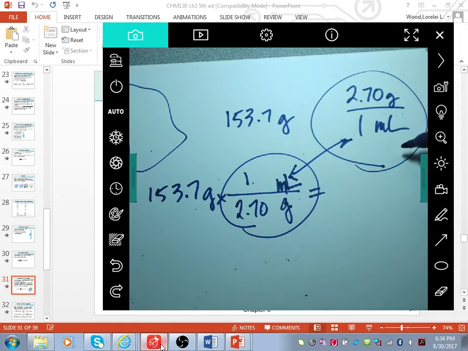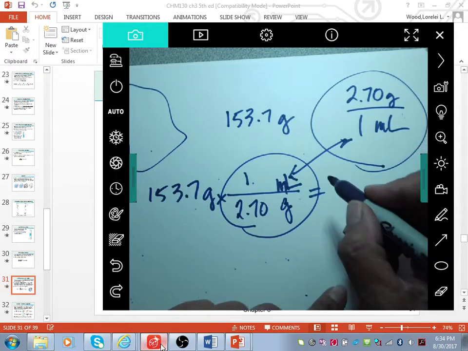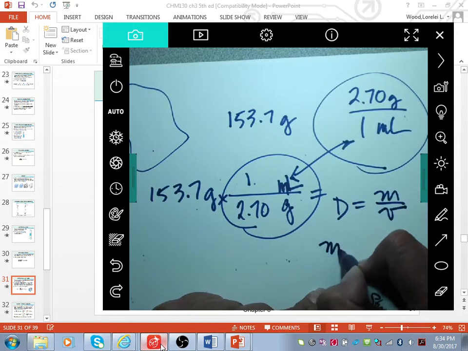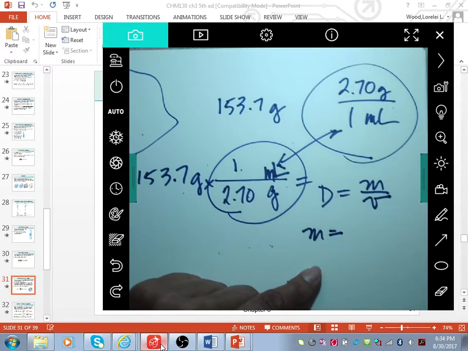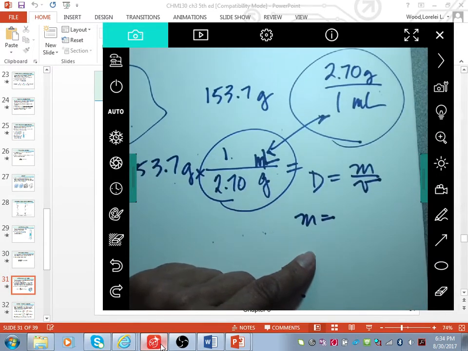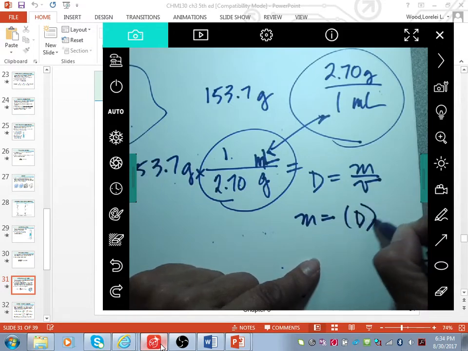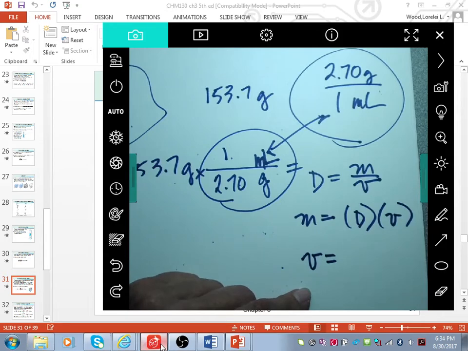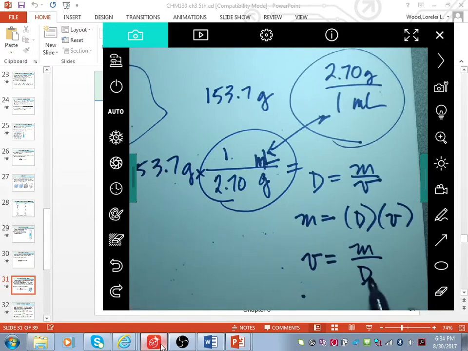Can we write those on our card? You can, or you can write this. Density is mass over volume. Mass is what? What would mass equal? Density times volume. Here's the hard one. What would volume equal? Without going through the derivation, there's the answer. Which one of these did we use on this problem?